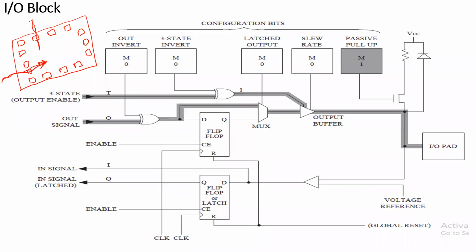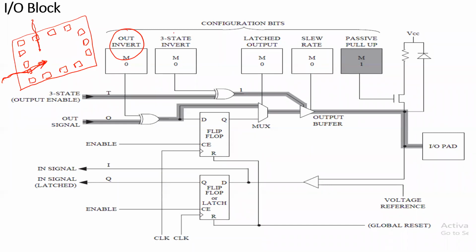One possibility is that we can take an inverted output. Whatever output we have got, if you want an inverted output, the IO block has a provision to provide it.